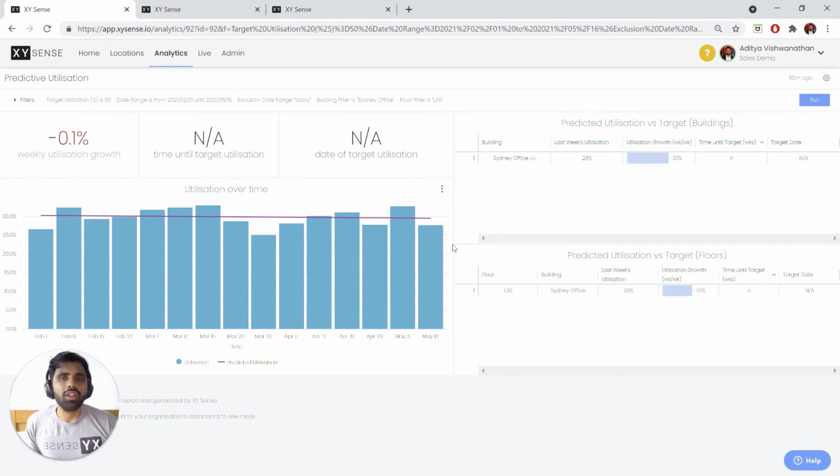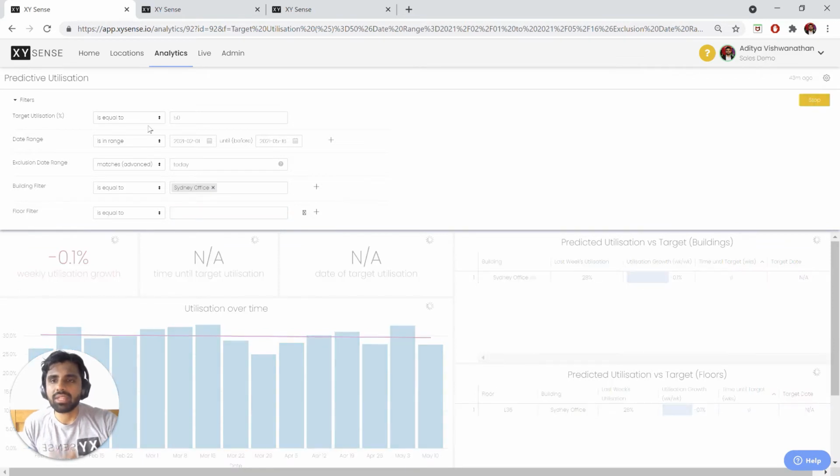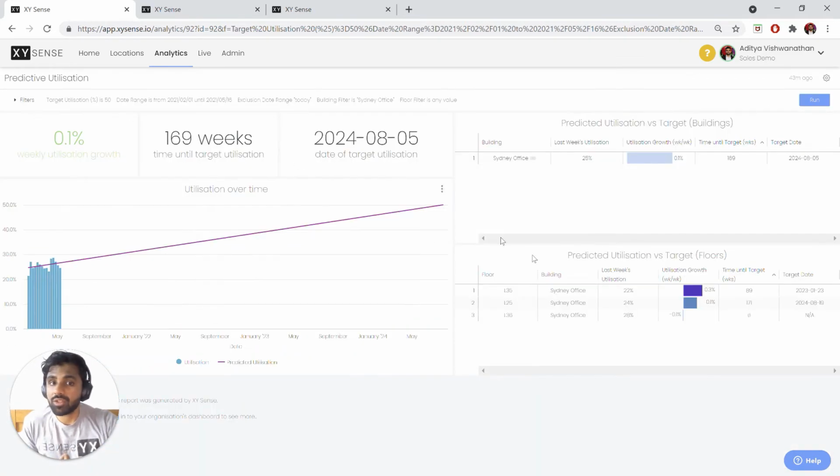Now, an alternative way of looking at this problem is how can we optimize our real estate portfolio instead? So we can look at this problem as in the Sydney office, we have two floors that are relatively stable in terms of their utilization, and they both have quite similar utilization metrics.